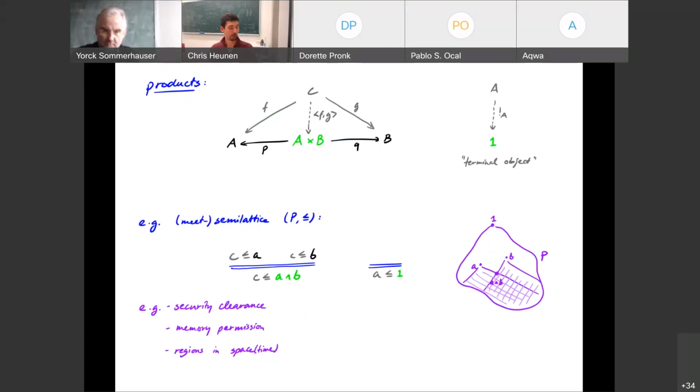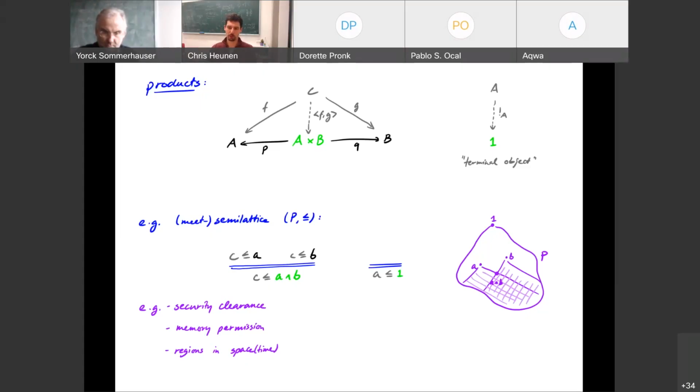Now, earlier we had the example of a partially ordered set regarded as a category. Such a thing has products exactly when it's a meet semi-lattice. So that means for any two elements A and B in the partially ordered set, there exists a third element, A meet B, such that another element C is below both A and B if and only if it's below the meet of A and B. And similarly, an object 1 is a terminal object in such a category exactly when it's at the very top, when everything is below that element 1.